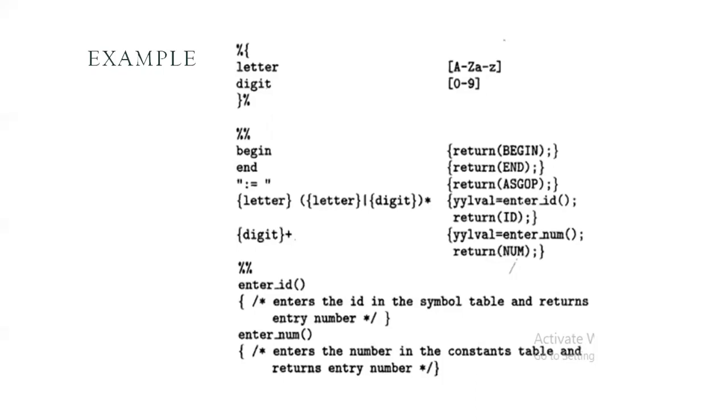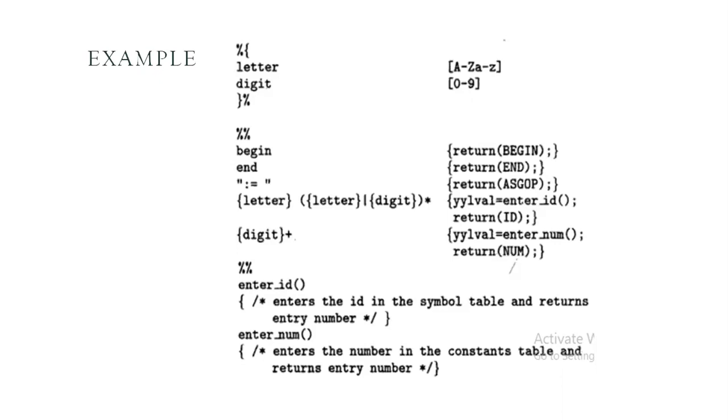I will not waste much more time on ID. You know the rules to define an ID. An ID cannot start with a special symbol. An ID cannot start with a digit. So this regular expression, letter followed by another bracket, letter or digit star, is identifying an ID very clearly.